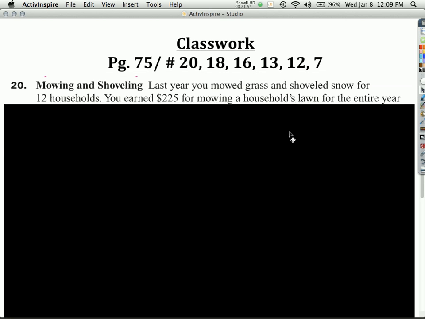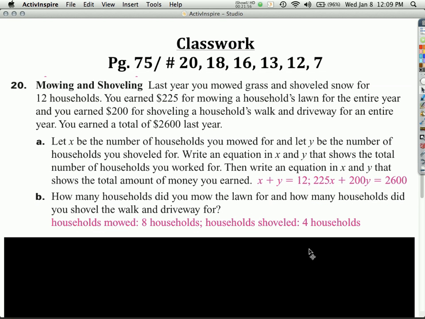20A and 20B. The system was x plus y equals 12 and 225x plus 200y equals 2600.